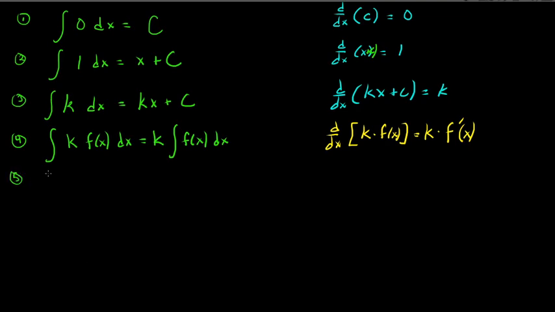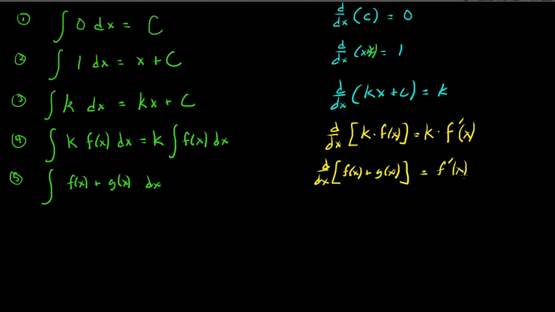And in that same context here, suppose we want to integrate two functions, say f of x plus another function, g of x. Well, of course, we have the sum rule for derivatives, right? The derivative of f of x plus g of x is just the sum of the two derivatives, f prime of x plus g prime of x, right?